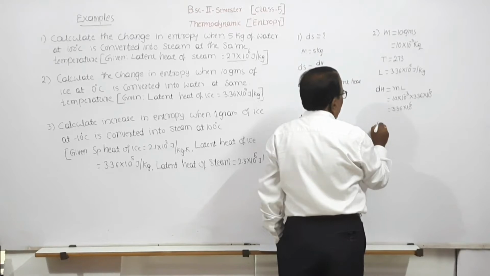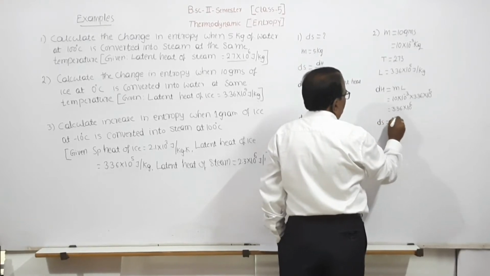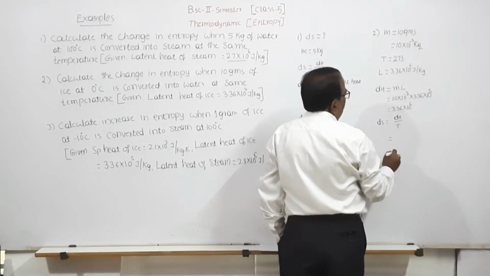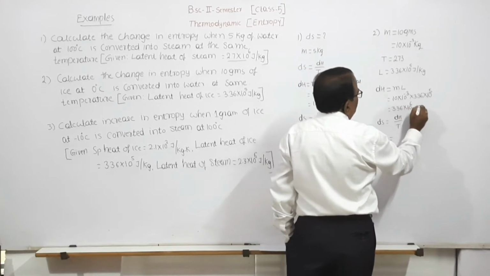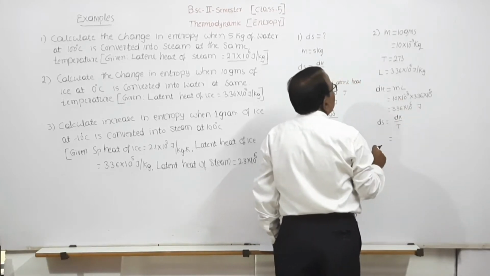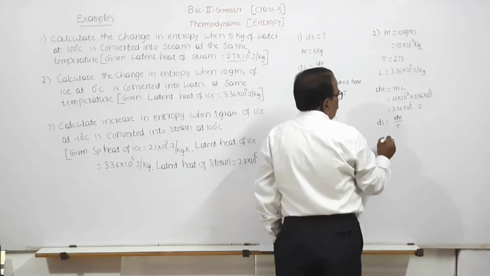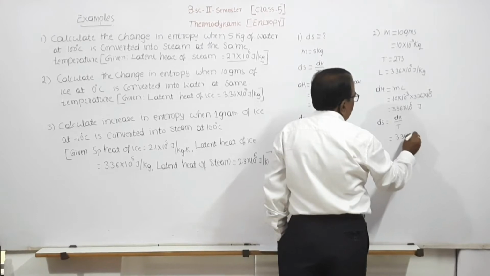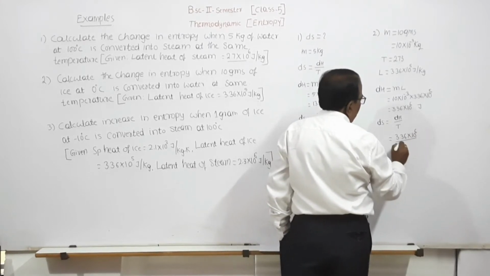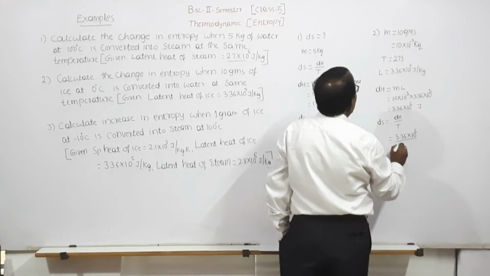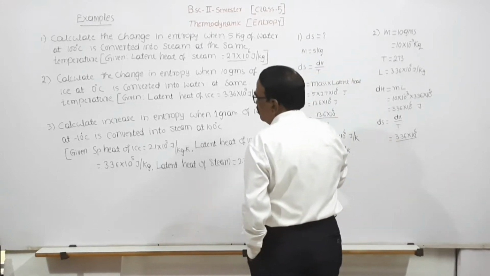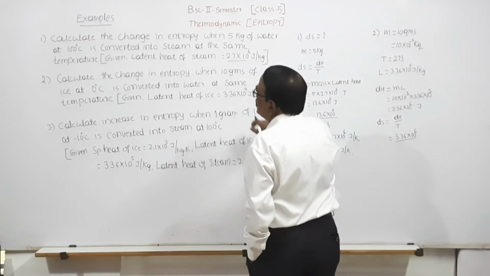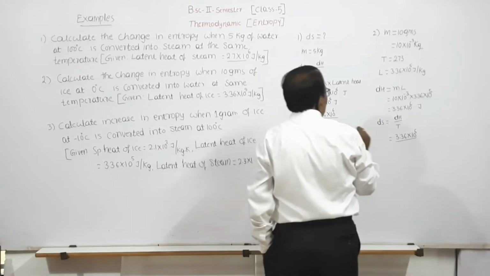And the change in entropy dS, you know that it is dH upon T. What is your dH? This is so many joules. dH is 3.36 into 10 raised to 6 divided by 273.